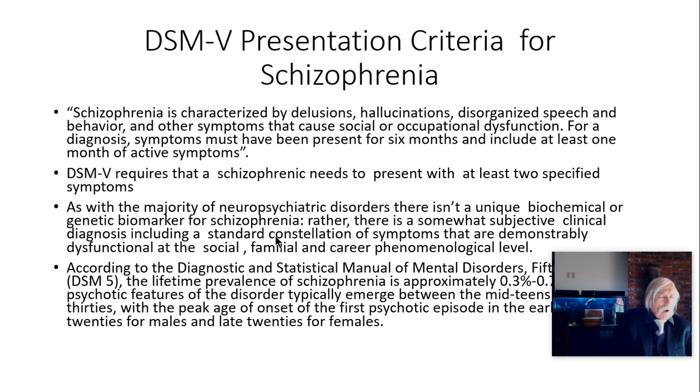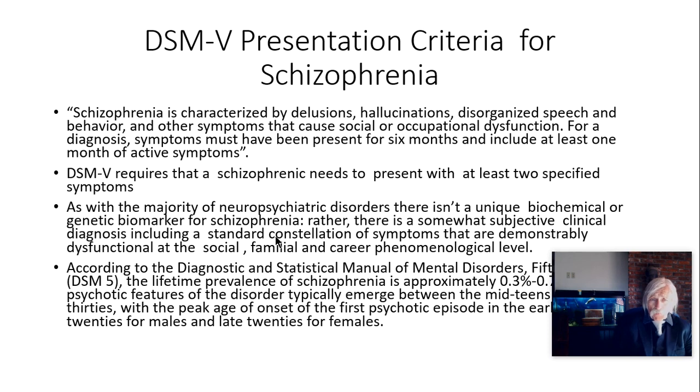So what are we talking about when we're talking about schizophrenia? Well, I looked it up in DSM-5, and it's quoted here at the top. Schizophrenia is characterized by delusions, hallucinations, disorganized speech, behavior, and other symptoms that cause social or occupational dysfunction. For a diagnosis, symptoms must be present for 6 months and include at least 1 month of active symptoms. Okay. The DSM-5 requires that schizophrenic needs to present with at least 2 of those symptoms you see up there.